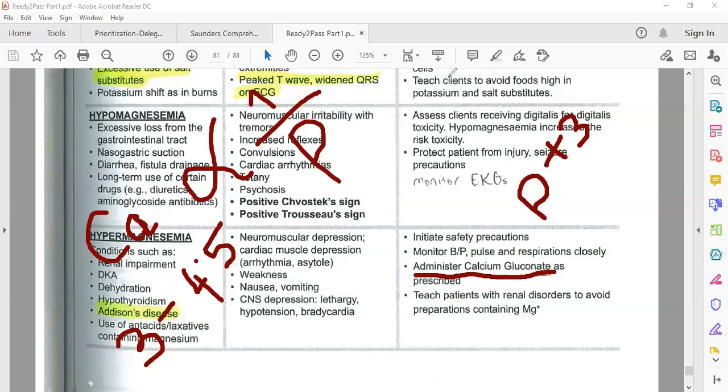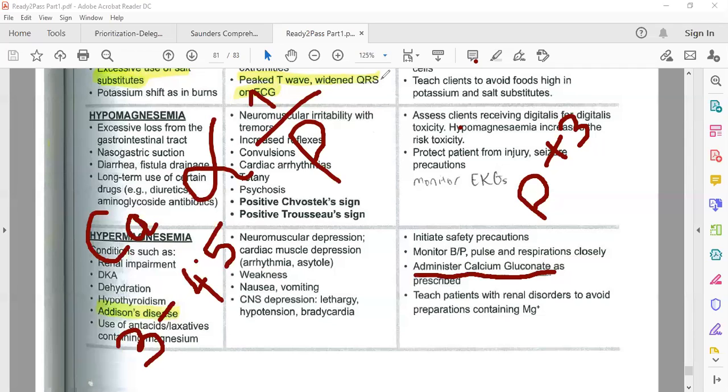Hyperphosphatemia, as I said. In that case, here are the signs of hyperphosphatemia. Usually if the patient has hypocalcemia, they have a chance of developing hyperphosphatemia. So the signs and symptoms of hypocalcemia would be the signs of hyperphosphatemia, right?